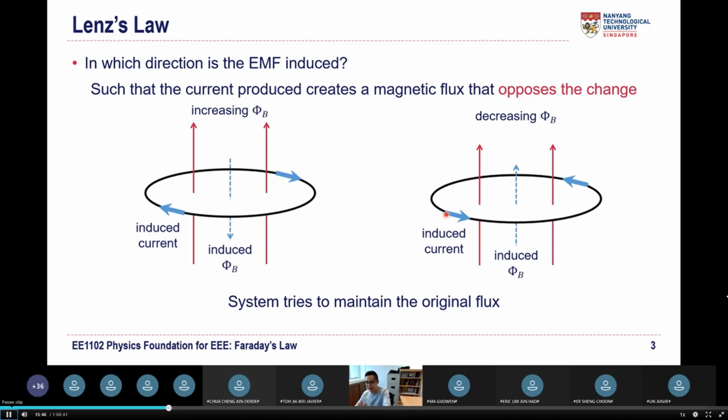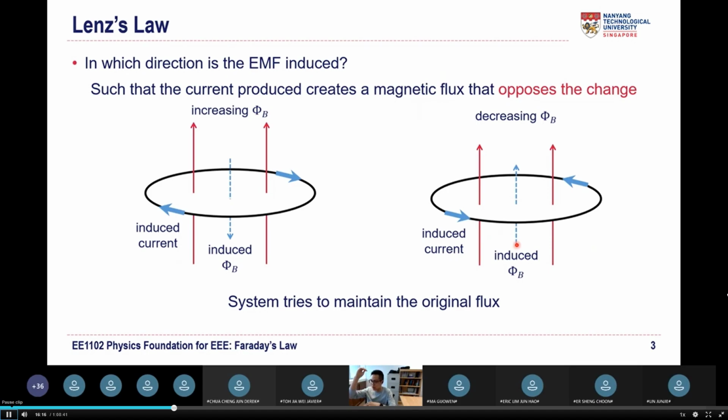Now we have another case. We still have the magnetic field going upwards, so we haven't changed its direction. But this time we have decreasing magnetic flux through this area. Because it is decreasing, the system tries to oppose the change by creating more induced magnetic field going upward, right?